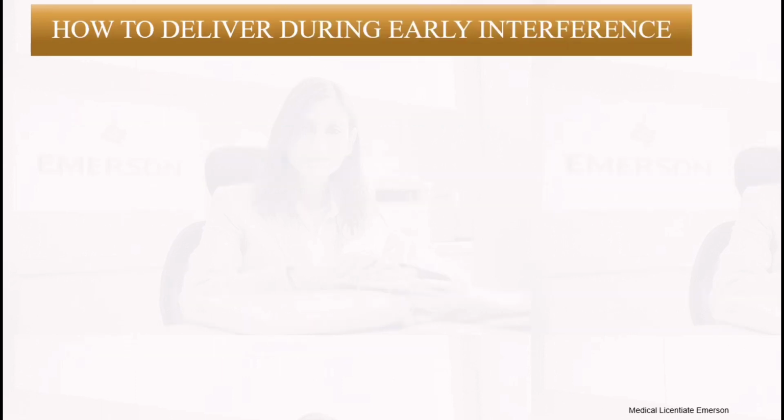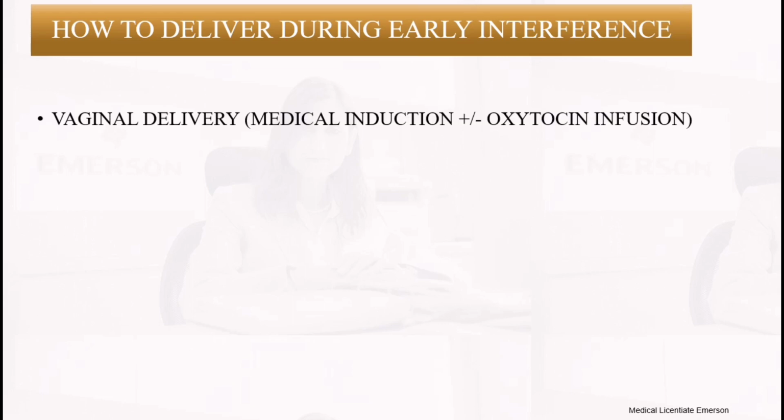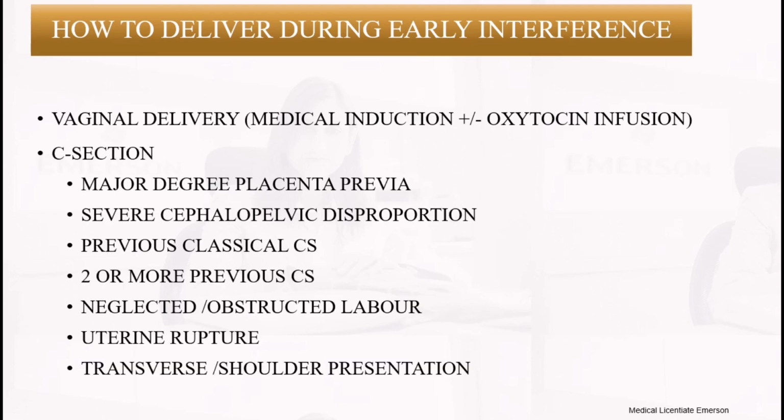Then how are we going to deliver? Vaginal delivery is our recommended mode of delivery, but of course you have to assess, following from the previous slide, the indications for early delivery. For early interference, vaginal delivery, specifically mechanical induction plus or minus oxytocin infusion, so you have to know how to induce.